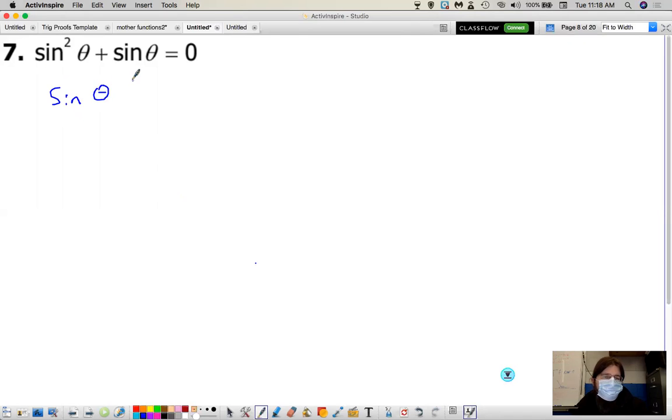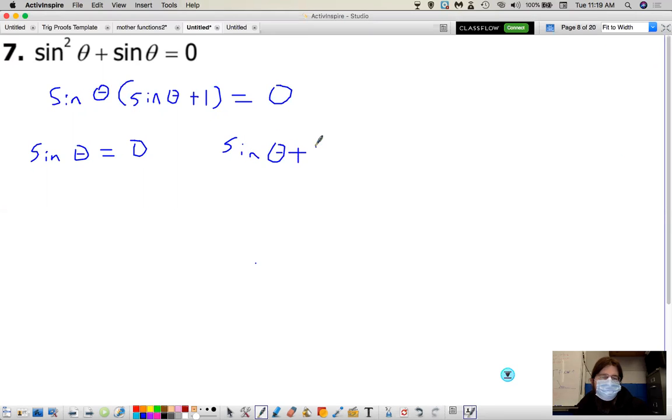We both got a sine of theta in common, leaving sine of theta plus 1. So sine of theta equals 0. Sine of theta plus 1 equals 0. I mean, sine of theta equals -1. You see, that's exactly what mode 5-3 gave us. 0 and -1. Again, that's not our answers. That's what sine of theta is equal to.